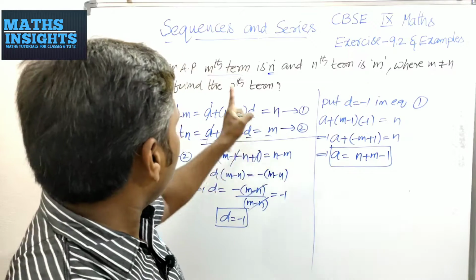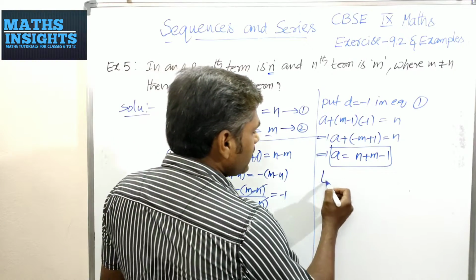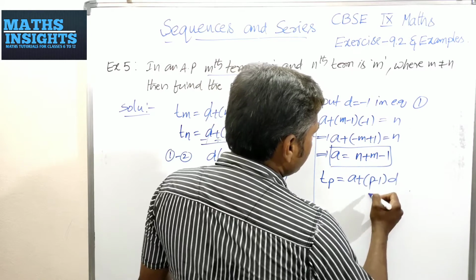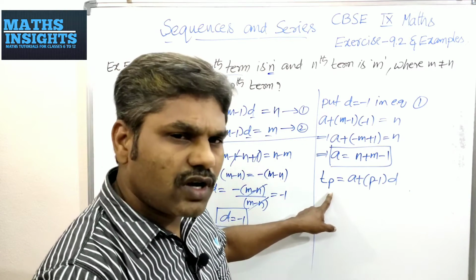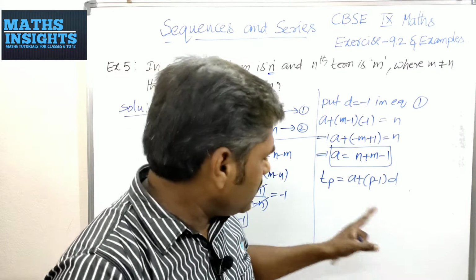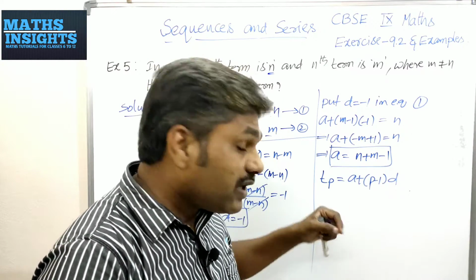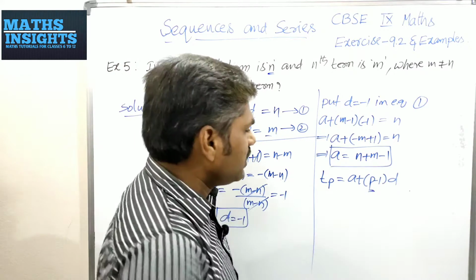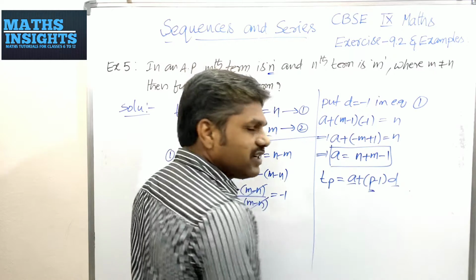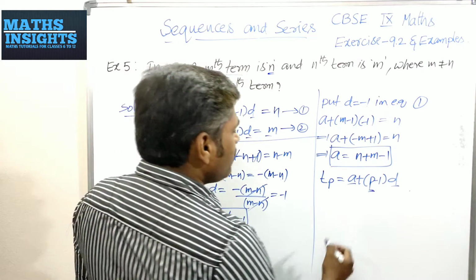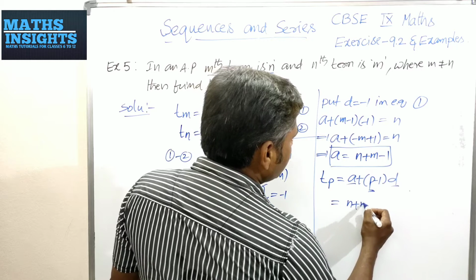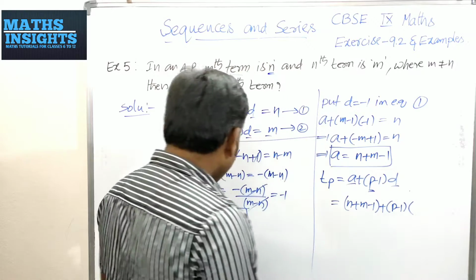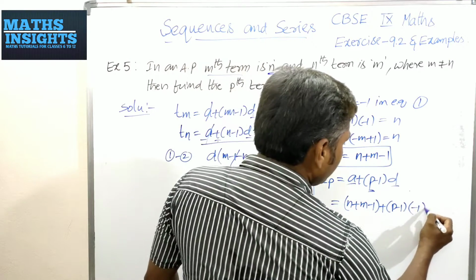Then our aim is to find the pth term. That means Tp is equal to a plus p minus 1 into d. If you want the nth term, you put n here, but you want the pth term, so I am putting p in place of n, and if you substitute a and d values, that's over. The a value is n plus m minus 1, plus p minus 1 into d. d is minus 1, okay.